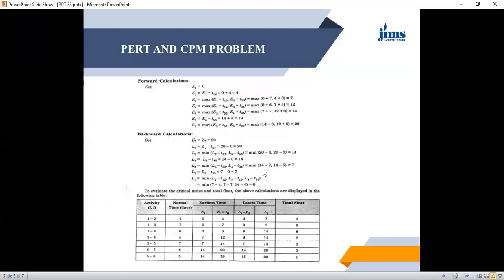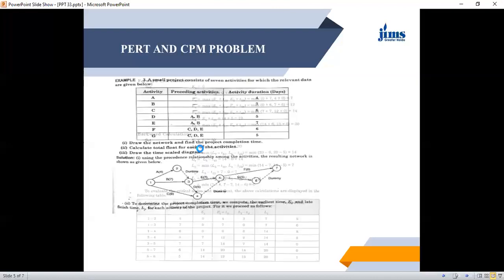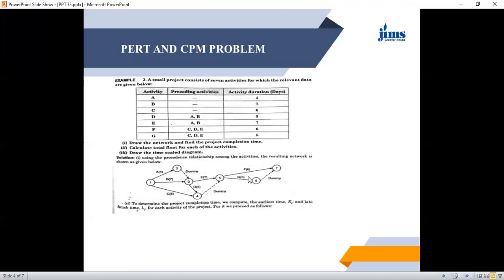The same calculation could be done by the backward method also. So for E7, say the latest finish time is 20 days. So L6 will be L7 minus T67, 20 minus 0 is equal to 20. Find out L6.